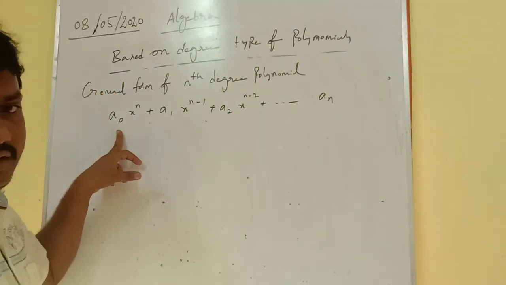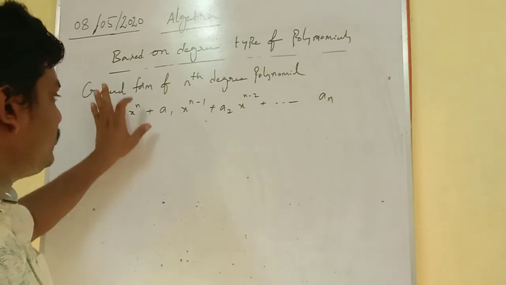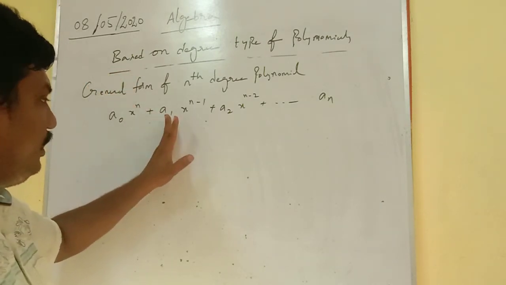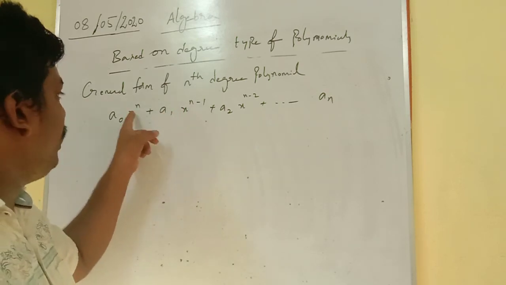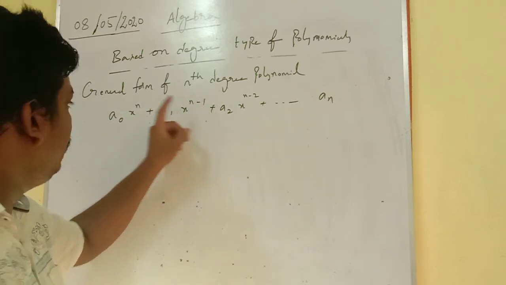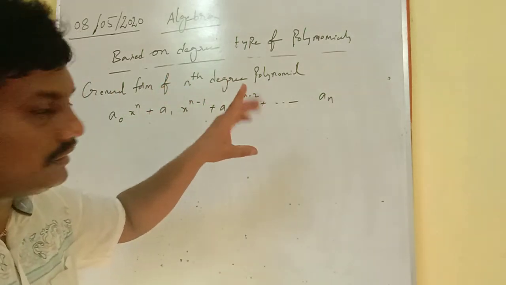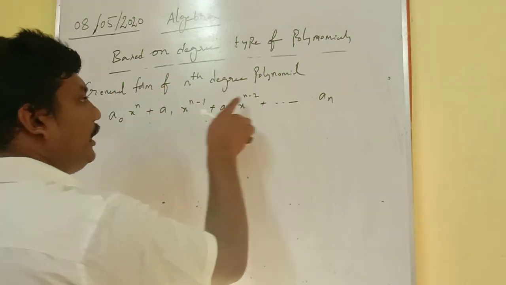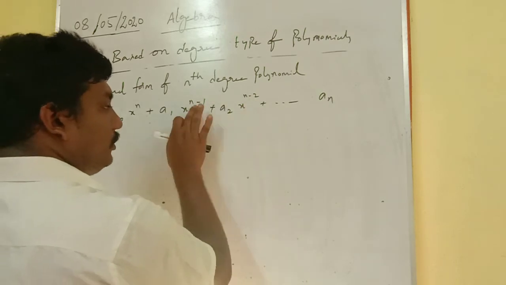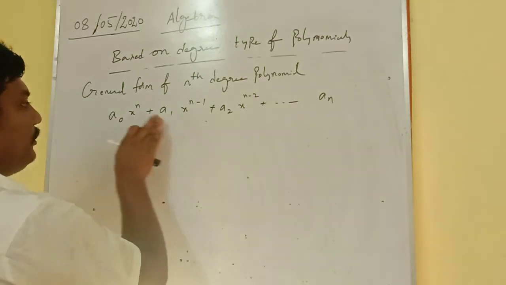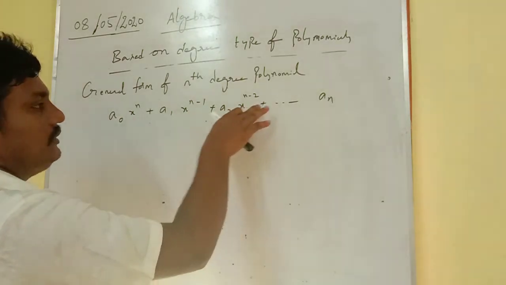Here a naught is called the coefficient and x power n is the nth power of x. Here a1 is a constant and the power should be 1 less than the previous term, so here n minus 1. Here also n minus 2, that is, the power is 1 less compared to the previous term, like that. So here the coefficients are changing and the variable powers are decreasing.